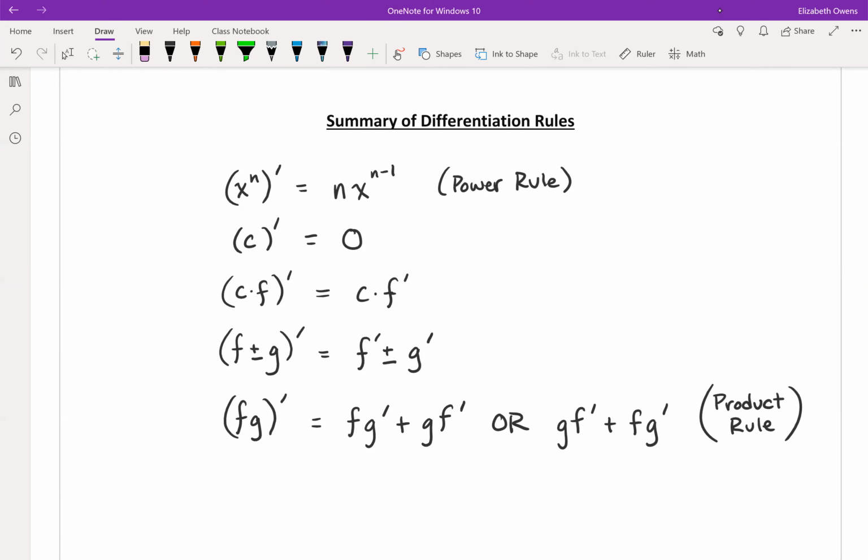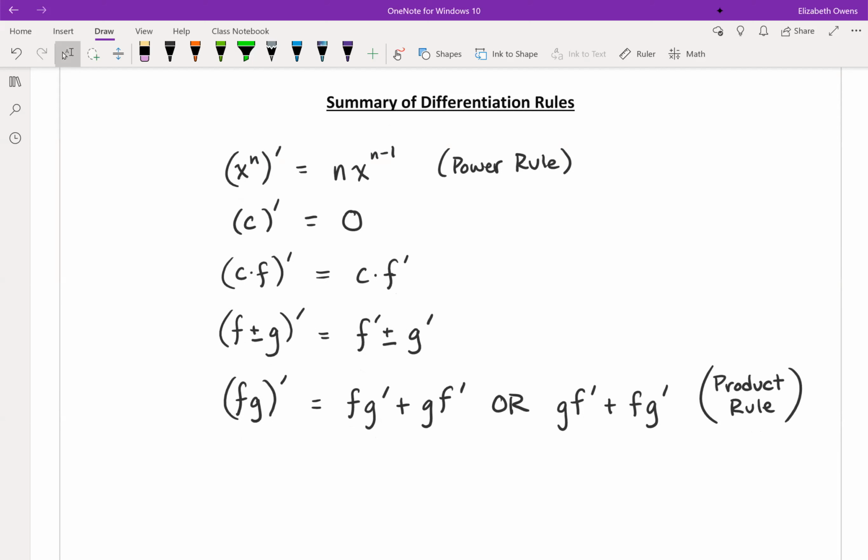All right. Now our last differentiation rule is going to be our quotient rule. This is for the quotient of two functions, f over g prime. And one way to memorize it was the low d high minus high d low type of thing. So if we do it that way, that's your low function g, derivative of the high function f.